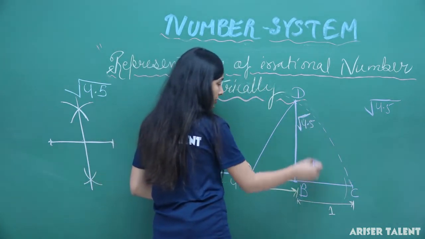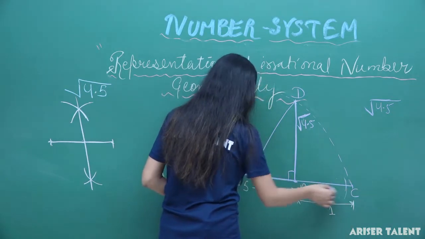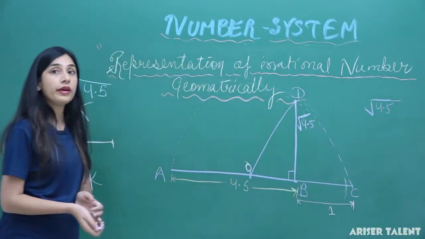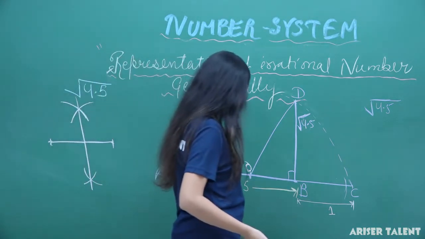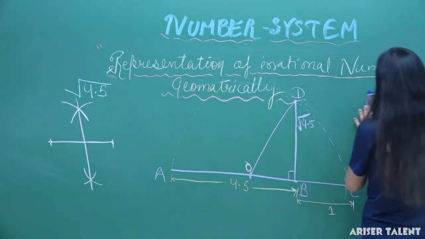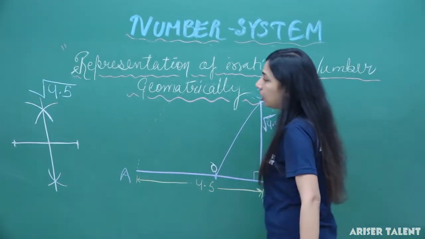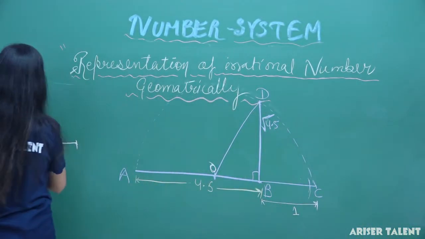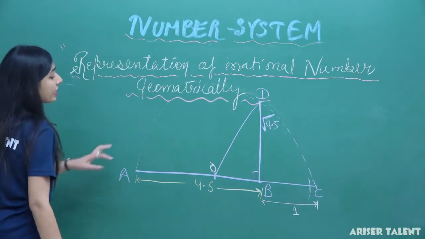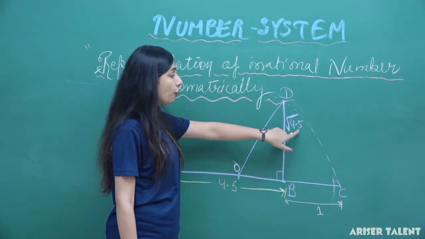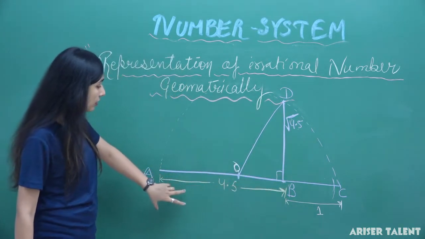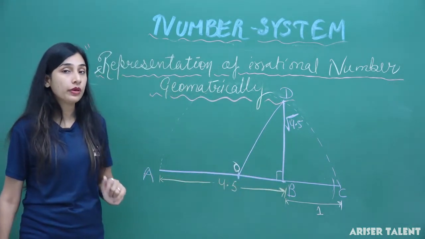So if it is marked here, that will be your root 4.5. How? Geometrically how? First we are going to have some construction lines here and also generalize this, that how this is going to be root 4.5 when I have drawn this line AB equal to 4.5.